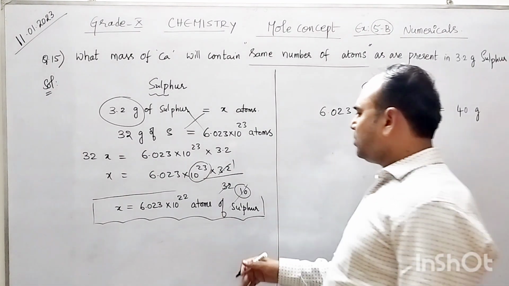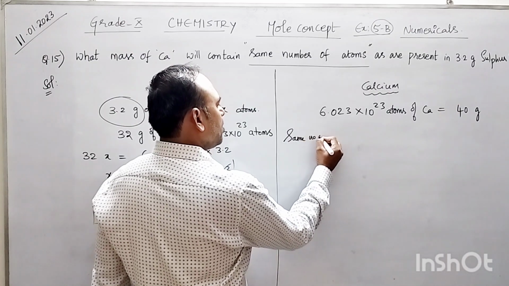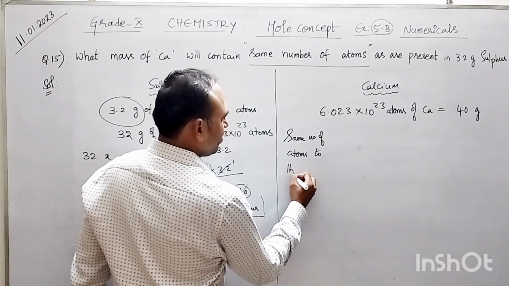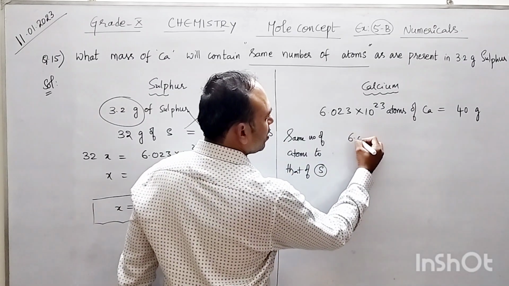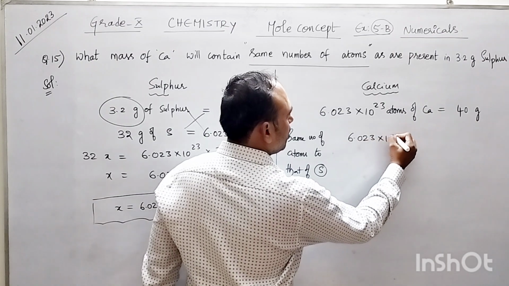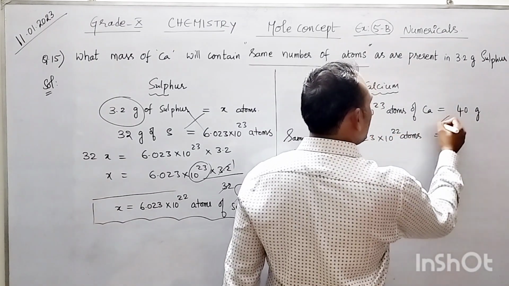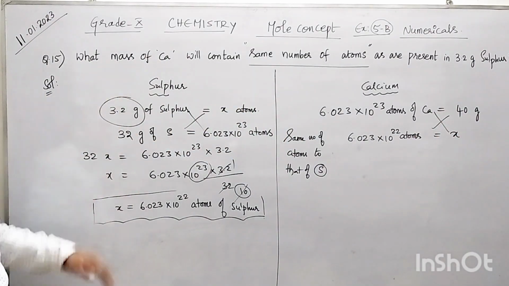Now what will be the number of atoms here? Same number of atoms as that of sulfur. What is that? 6.023 into 10 to the power of 22 atoms. Find out what will be the mass of this now. They are asking that only. What will be the mass of calcium?